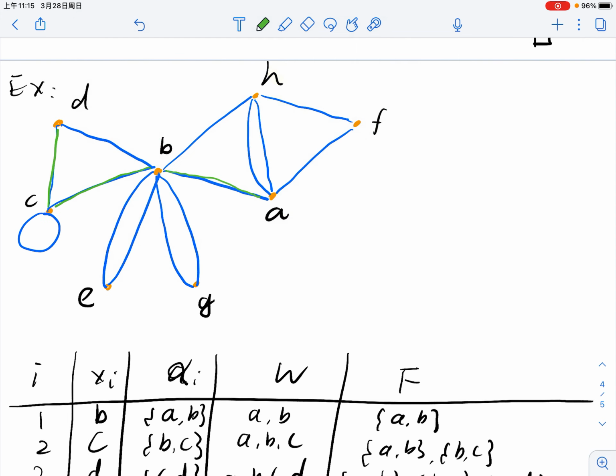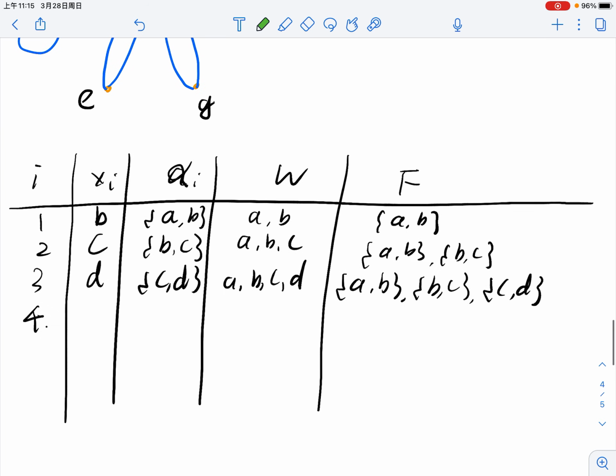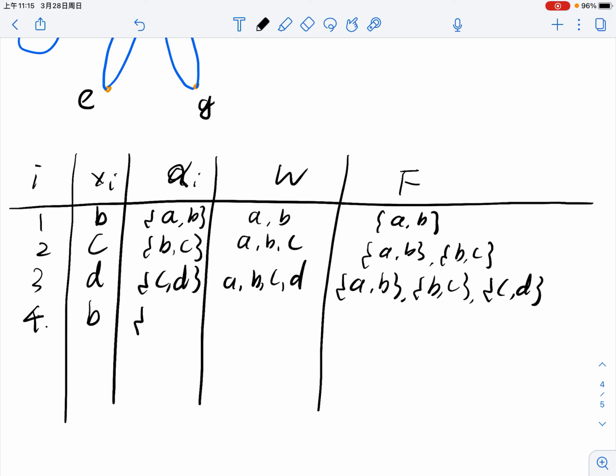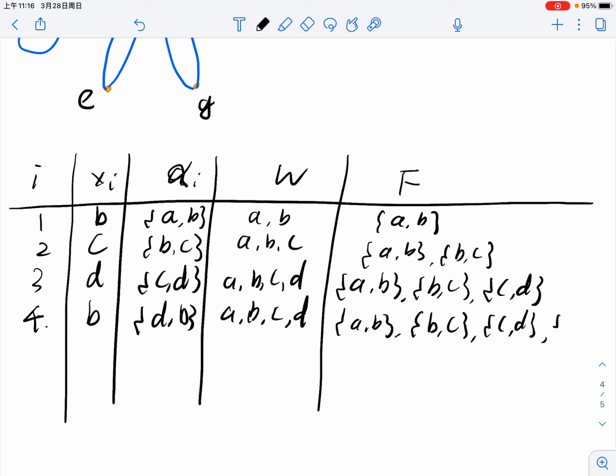Then for D, you can find B again. Because B is already in the set W, even if you put in B, it stays the same. And for the edge set F, you increase by 1.